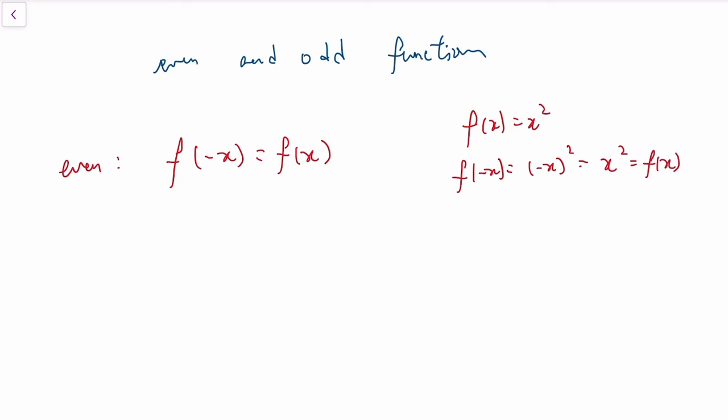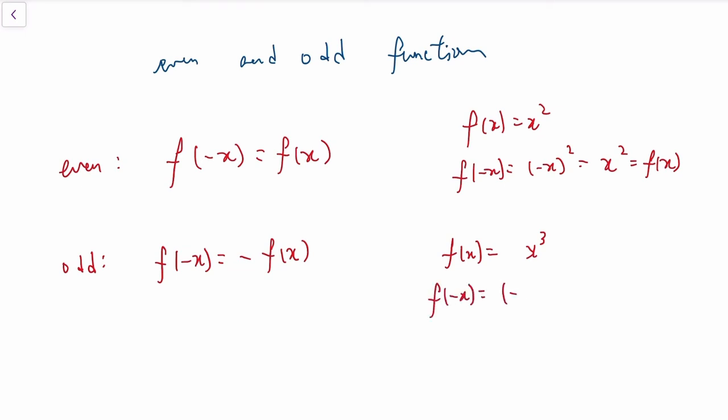And a function is odd if when you put in negative x, you get the negative of the original function. An example would be x cubed. If you put in negative x, you get (negative x) cubed, but a negative cubed is also negative, so you get the negative of the original function.